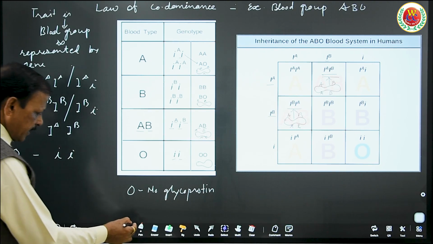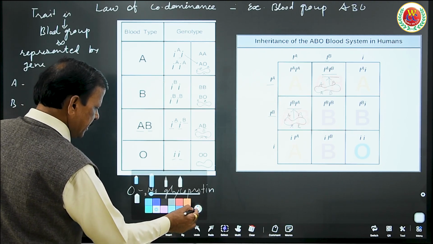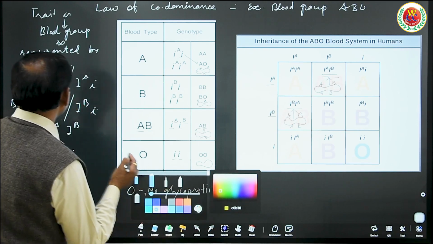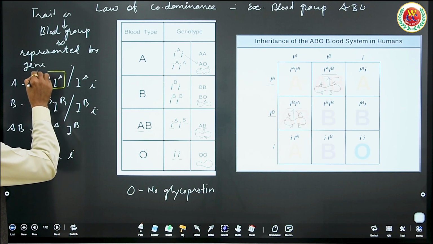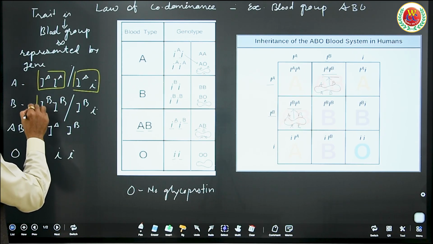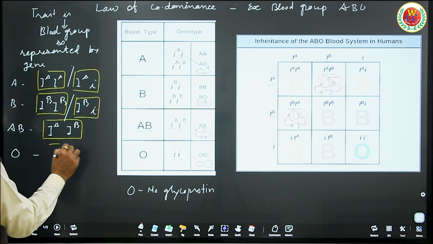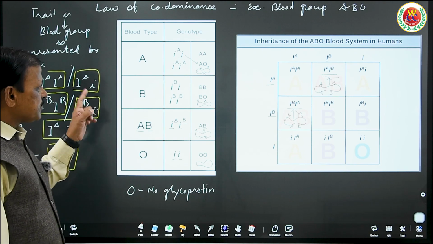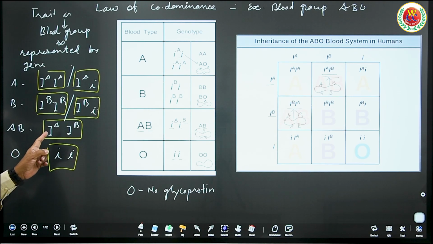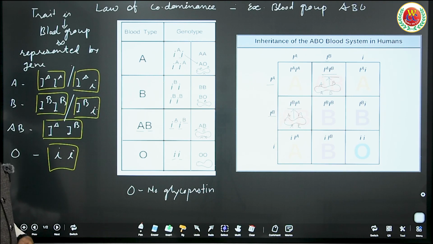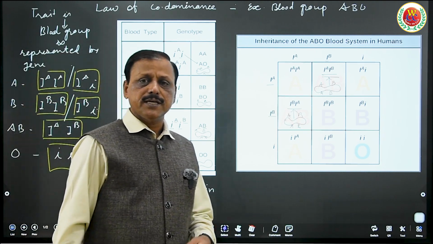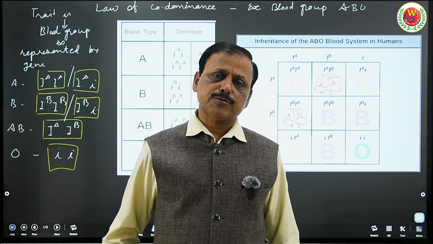Here you can see small i means a recessive gene. How many types of allelic pairs are there for study? This is 1, 2, 3, 4, 5 and 6. Out of 6 allelic pairs, only one allelic pair can be present in an individual, because every individual has one pair of homologous chromosomes.